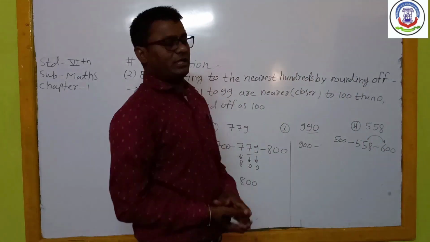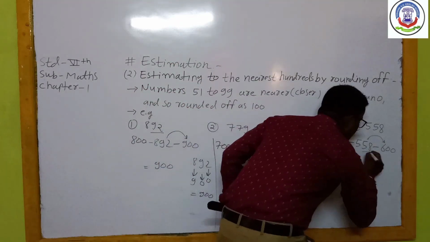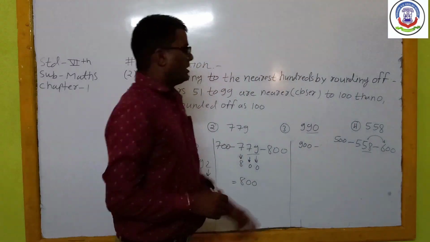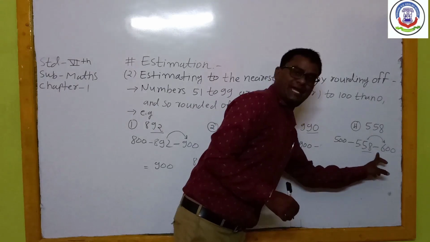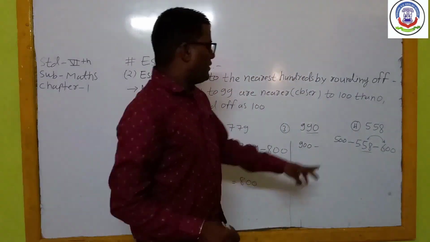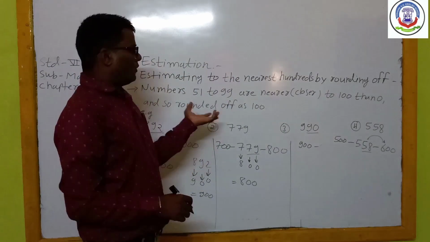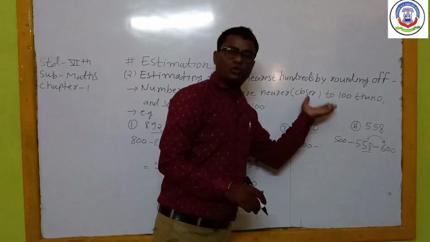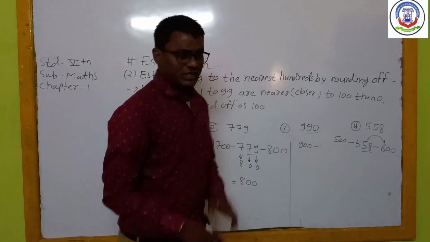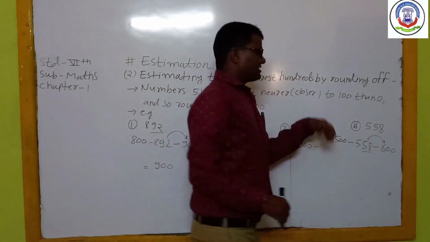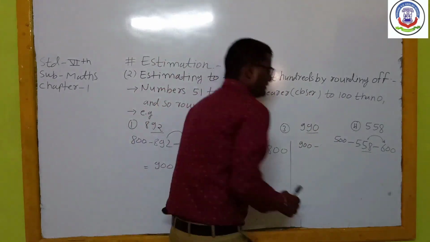Now another method. Observe these two digits, that is 58. Now you know 58 lies between 51 to 99. So we know it is nearer or closer to 100. Okay students, so it is rounded as 100, means what?